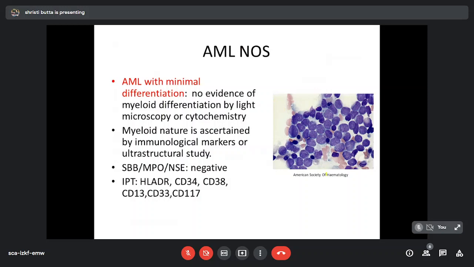So the myeloid nature cannot be ascertained either by light microscopy or cytochemistry. Okay, so that is called AML, minimally differentiated. Myeloid nature, how do you determine the myeloid nature then? By immunohistochemical markers or by immunophenotyping. They are HLA-DR, CD34, CD38, 13, 33, and 117 positive.